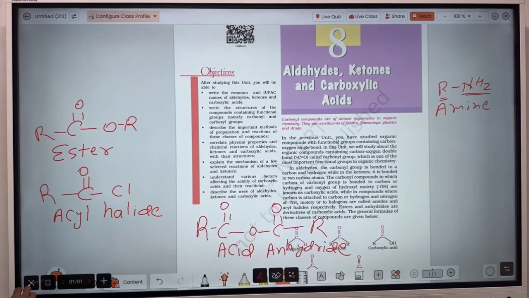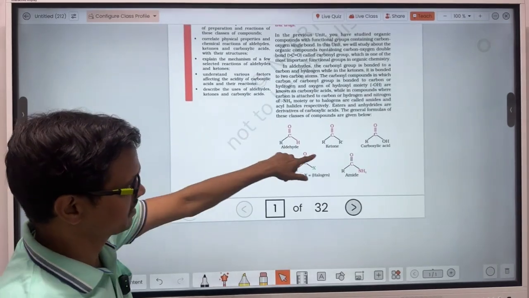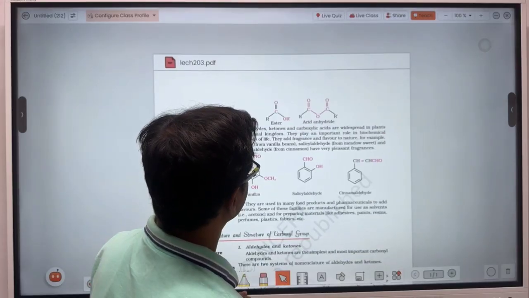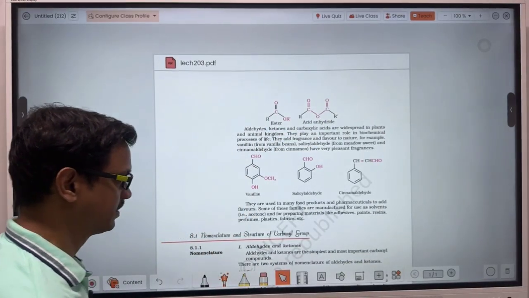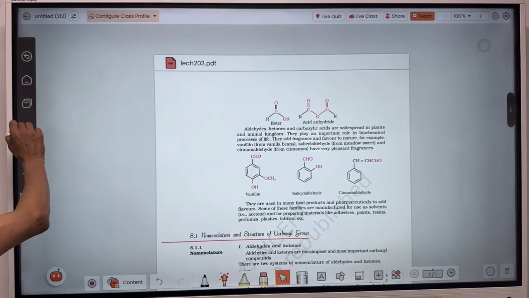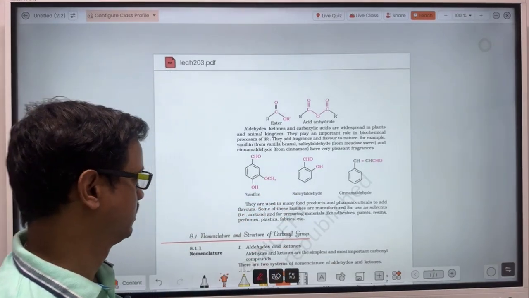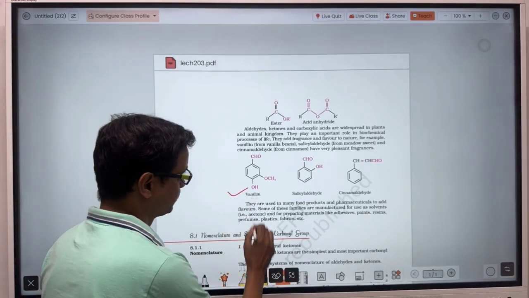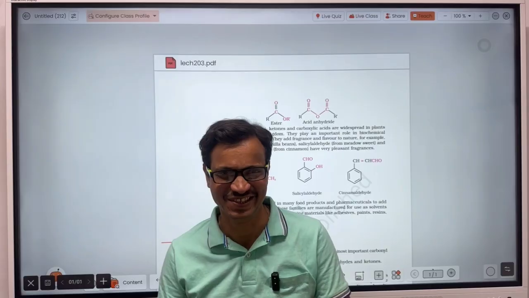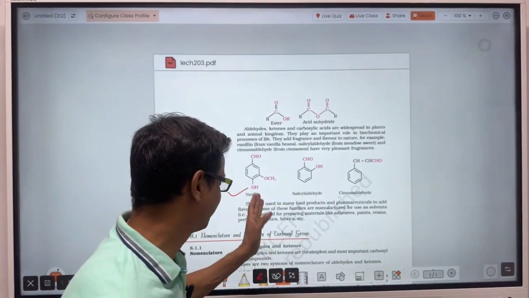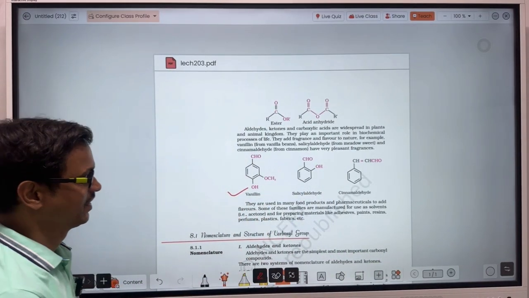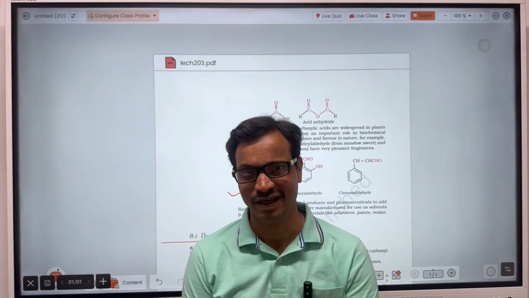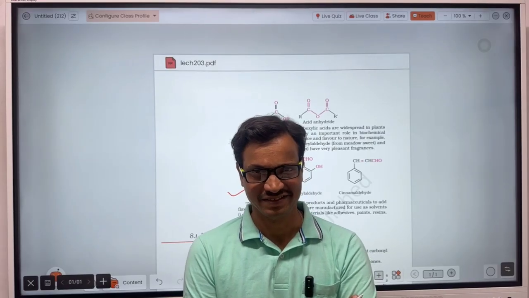Okay, that was about the introduction: what is aldehyde, what is ketone, carboxylic acid, acyl halide, amide, ester, and what is anhydride. Now there are some compounds used in day-to-day life, like vanillin. You know the vanilla ice cream, you have eaten it a number of times. The compound is vanillin, an aldehyde compound, and aldehydes have a highly pleasant smell.